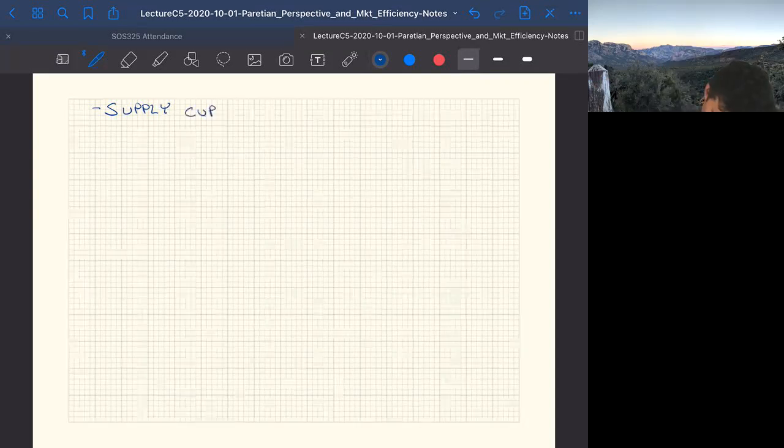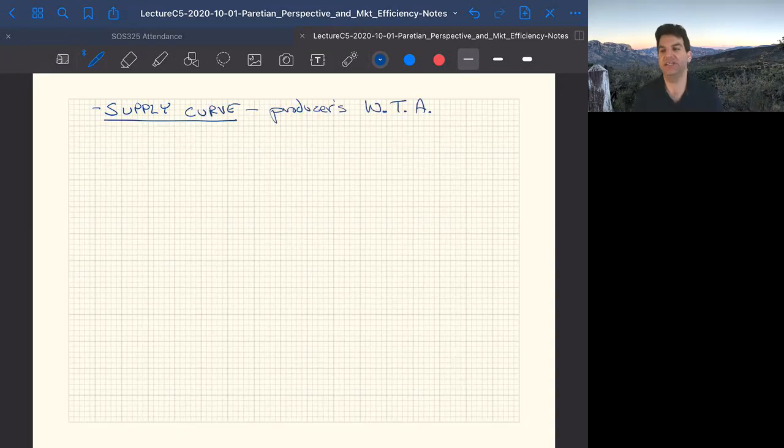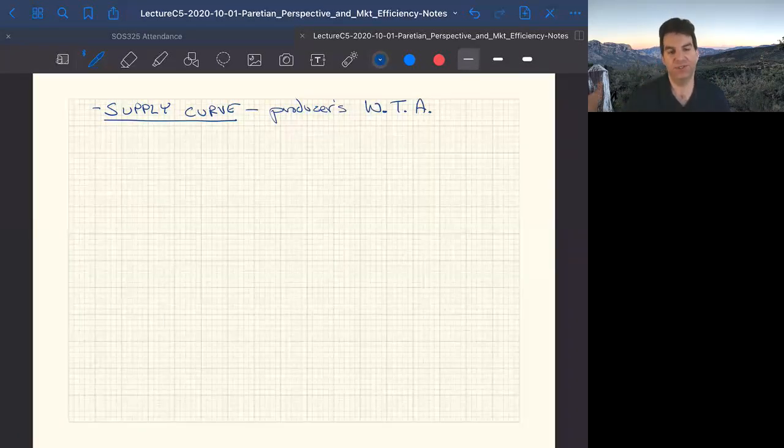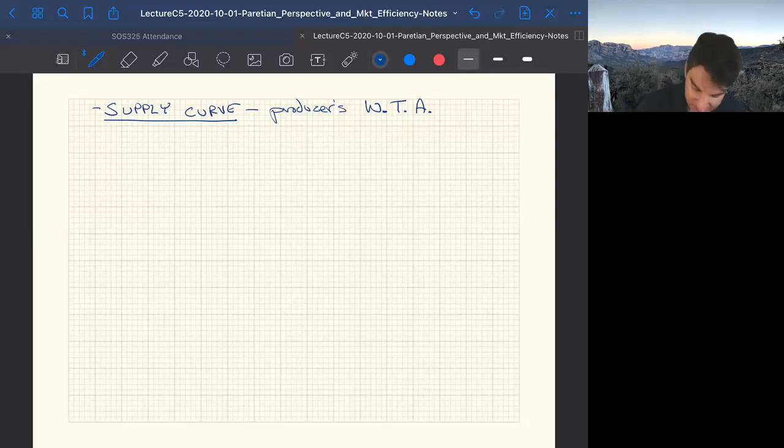So, supply curve, and that's the flip side of that. The supply curve is a producer's willingness to accept. Again, WTA, you just got to get used to that. Willingness to accept versus willingness to pay.